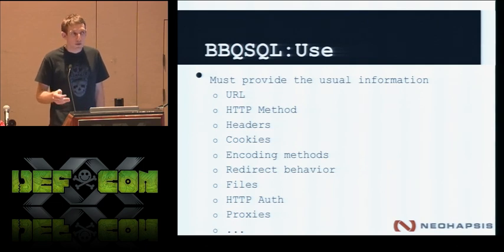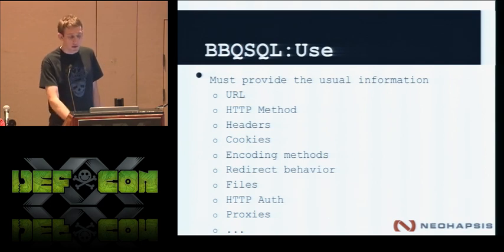A lot of the other tools out there are limited in what they will allow you to do. The way that we built the tool, it's sitting on top of a really, really cool HTTP library that I'll talk about a little bit more later. And that library itself is very versatile, and we really try to leverage that to give you as much control as possible and to really build out the exact request that you're trying to make.